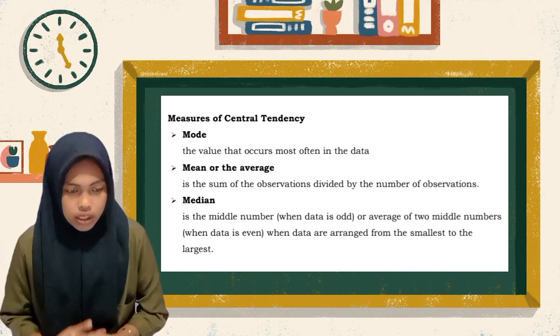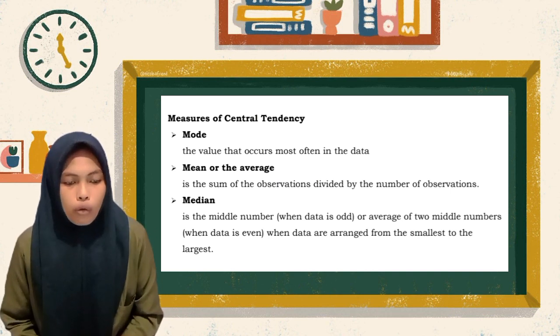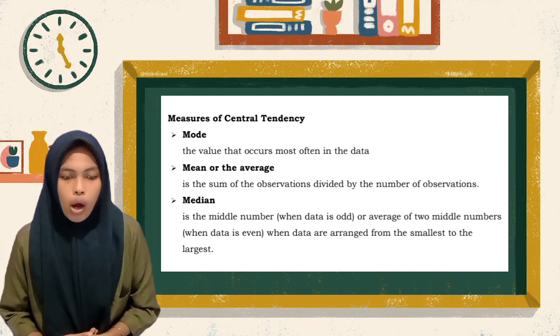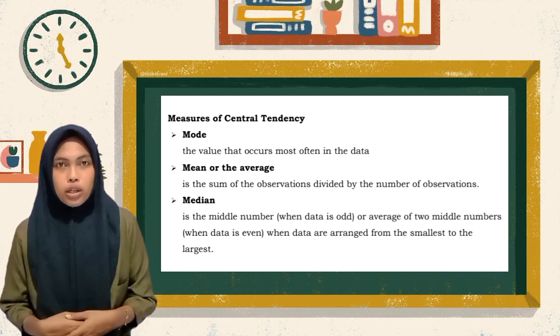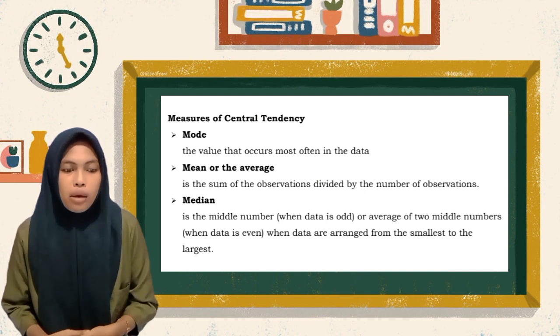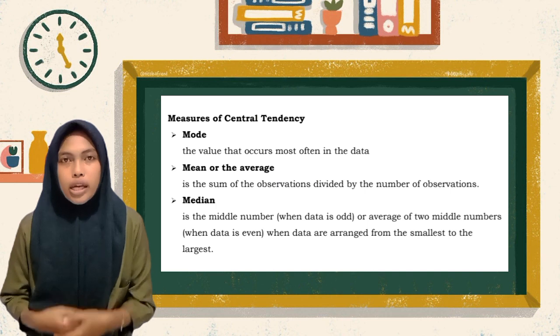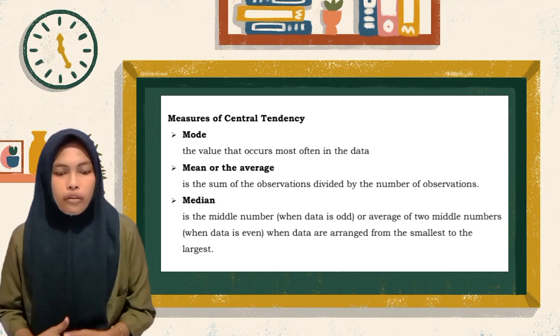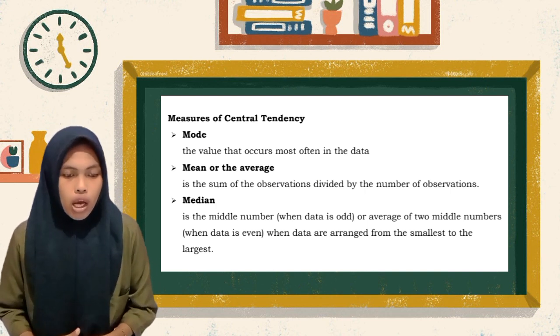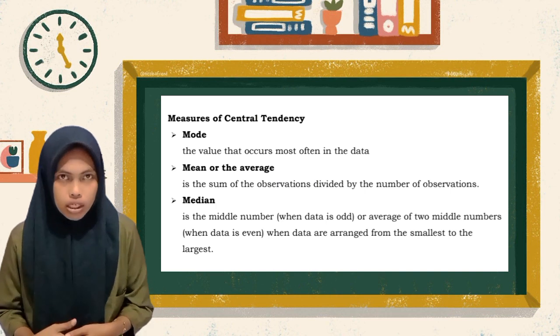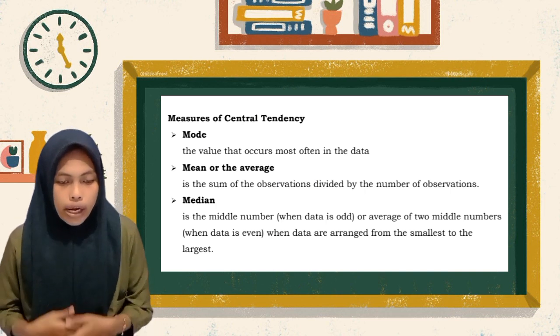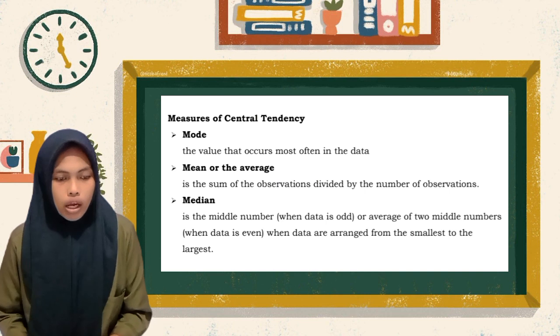Mean, or the average, is the sum of the observations divided by the number of observations. Meanwhile, median is the middle number when data is odd, or the average of two middle numbers when data is even, when data are arranged from the smallest to the largest.